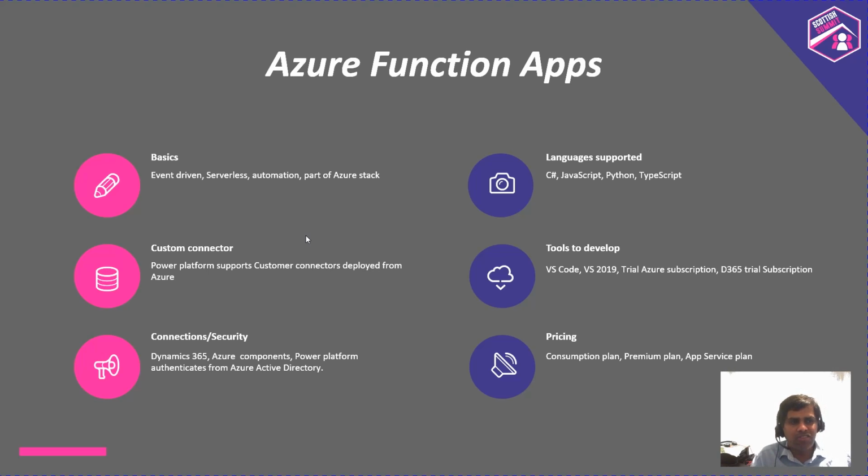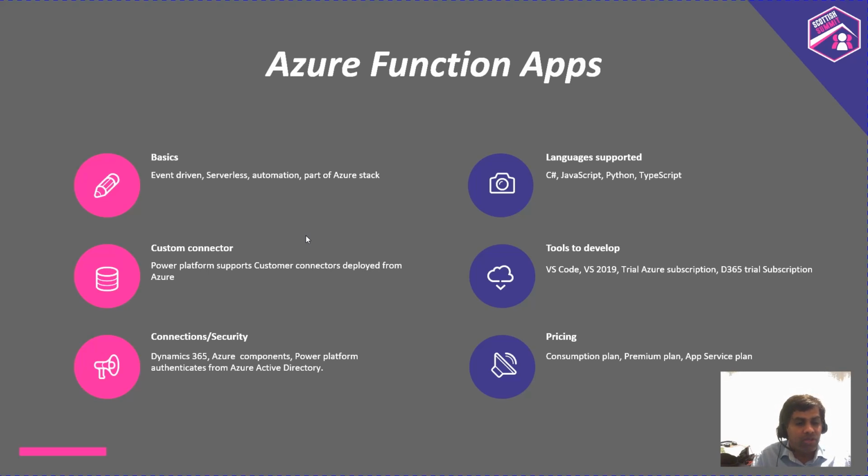And how do I develop these function apps? To develop function apps, I need an IDE tool like Visual Studio Code, which is very lightweight, very powerful, and has an amazing community that brings a lot of extensions. A bit more powerful than that is Visual Studio 2019.